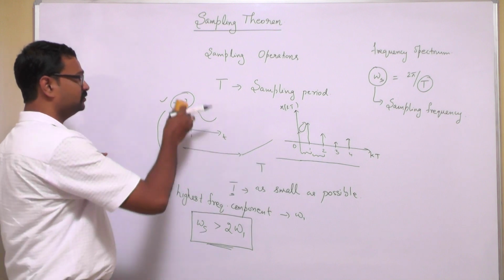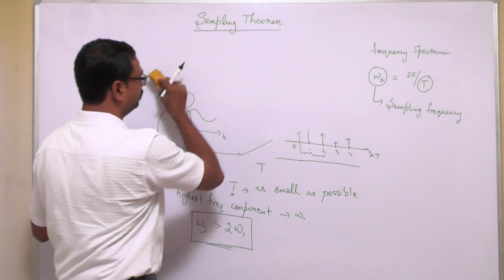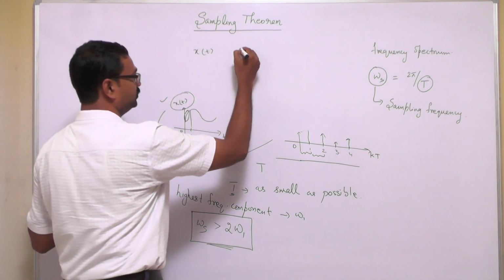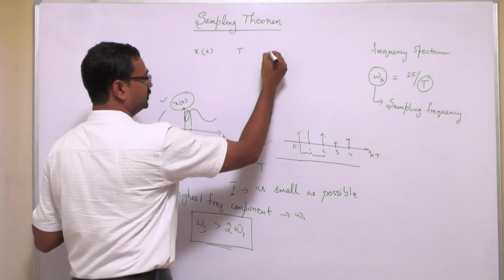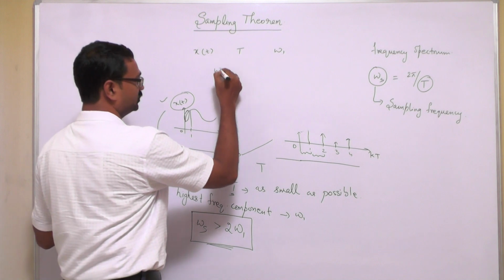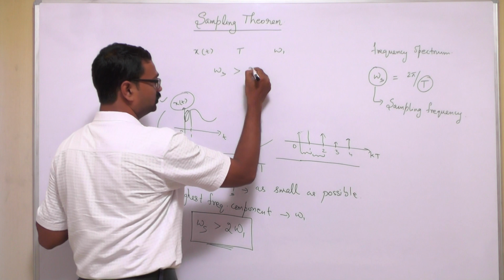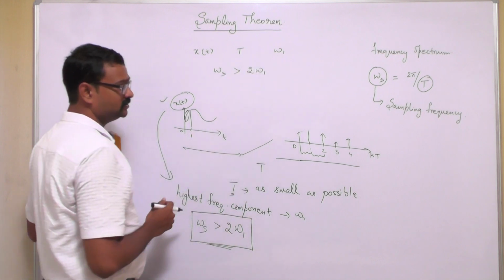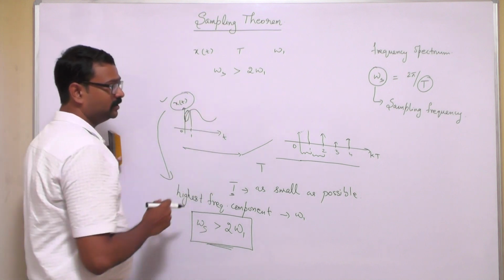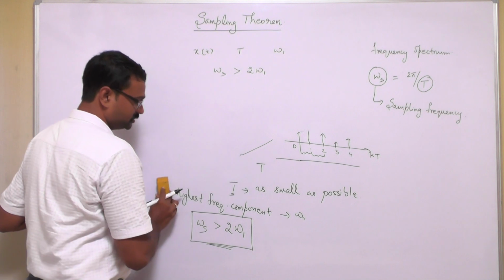So the sampling theorem states that if any continuous time signal x of t is sampled with a time period T, and it has the highest frequency component omega 1, then if the sampling frequency omega s is greater than 2 times omega 1, twice the highest frequency component, the sampling can be done perfectly without any loss of information.